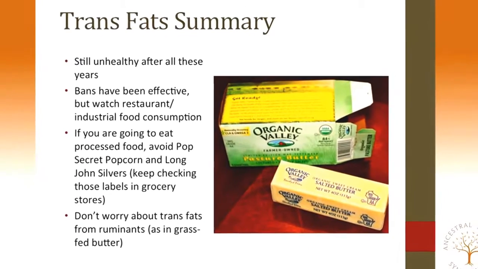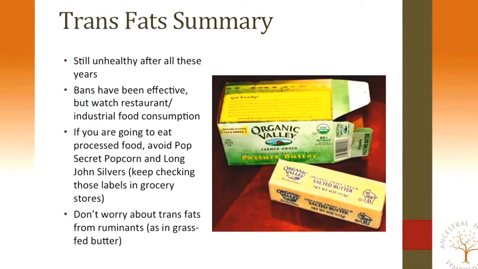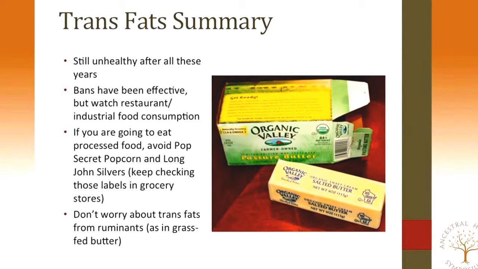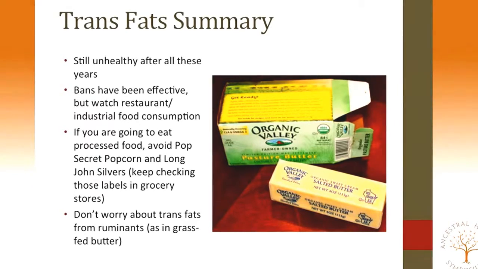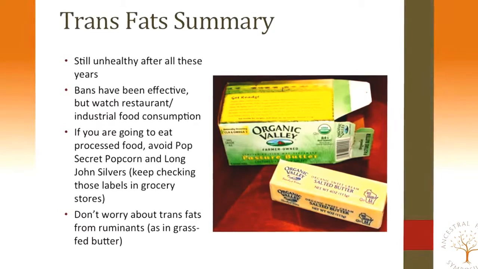The bans are good for the population, and one way of regulating that I think is actually a good idea: force them to label it so that you know what you're eating and you can make your own decision. And if you're going to eat processed food, maybe avoid the Pop Secret popcorn, or at least look at the labels. Maybe the February exposé caused them to change their minds. But Long John Silver's, I'm not going to be eating there anytime soon. And I wouldn't worry about trans fats from ruminants.